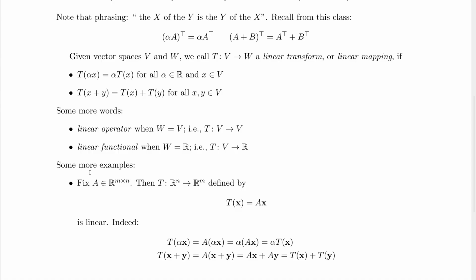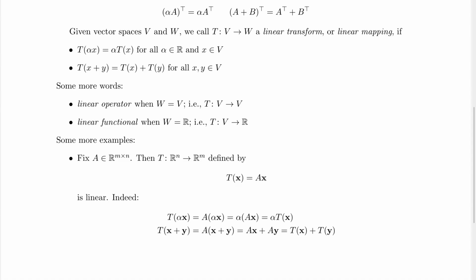Let's get a functional. And we're going to do a similar setup to create a functional. Fix a vector A in Rn. I'm going to create a similar sort of mapping, from Rn to R, as follows.